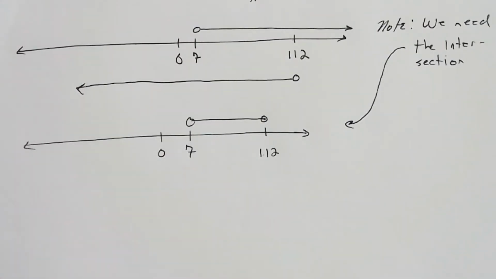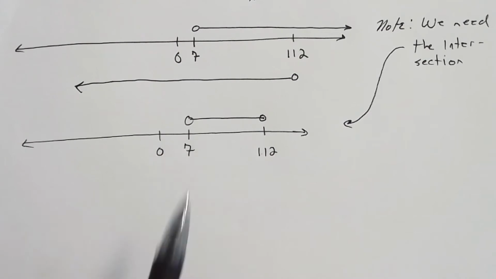The intersection is just going to be that area that occurs between the two of them. And so this would be the final solution.